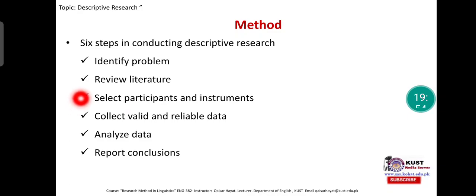After literature review, select participants and instrument. Students, if you are doing research on a matter, you can't collect data from all of the population. For example, if you are trying to know the English language teaching system in the government schools of a city, it's quite impossible to reach each and every student.